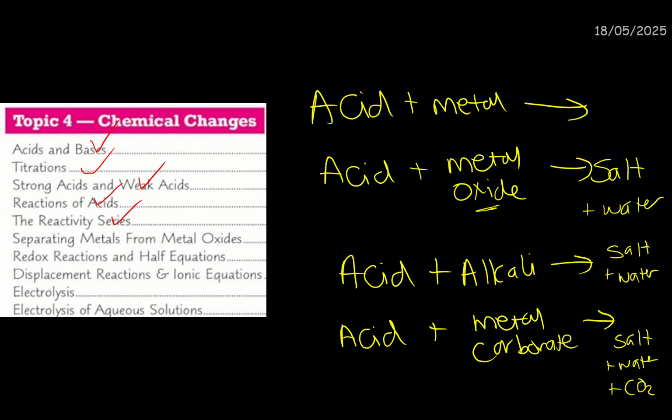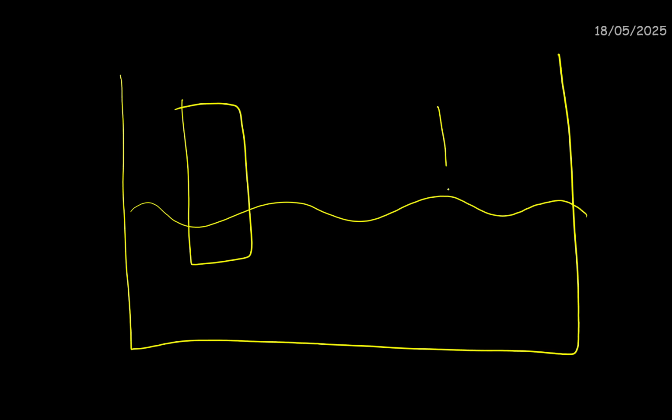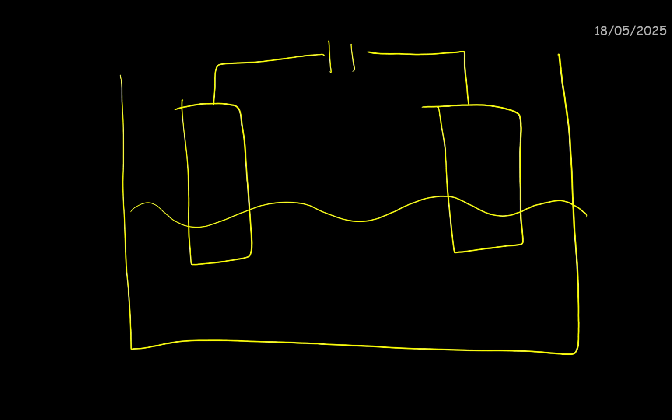Let's move quickly on. I'm skipping past these bits because I want to get on to electrolysis. Now, I've taught electrolysis to most of you in detail. Let's just do it again. So this is your electrolysis apparatus.